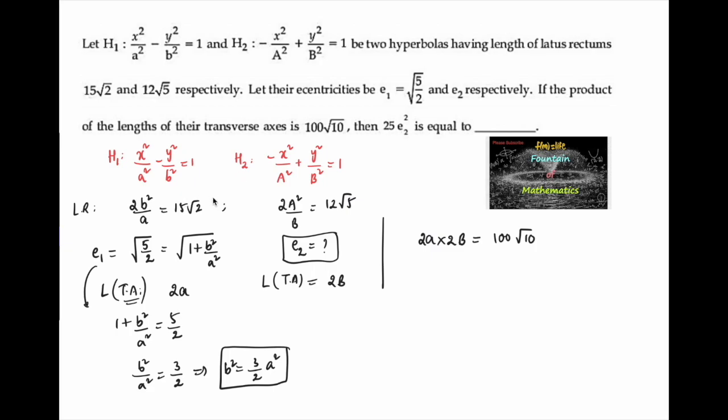And here 2b square upon a is equal to 15 root 2. Say this is 1 and this is 2. So from 1 and 2, we can write 2 upon a into 3 by 2 a square is equal to 15 root 2.